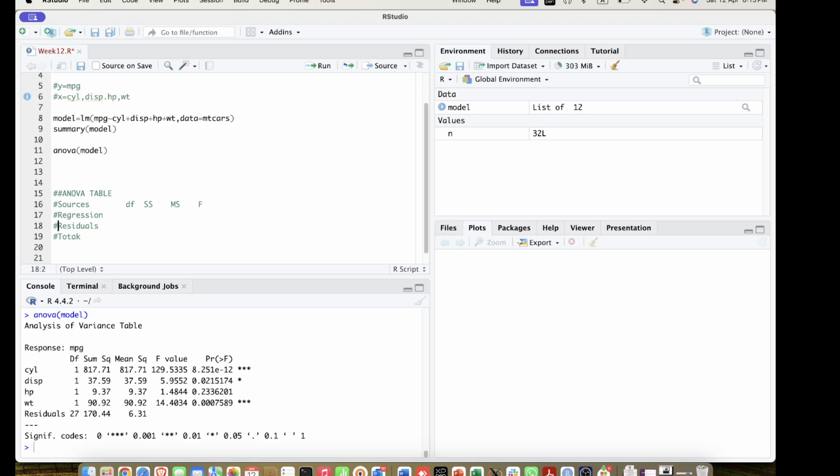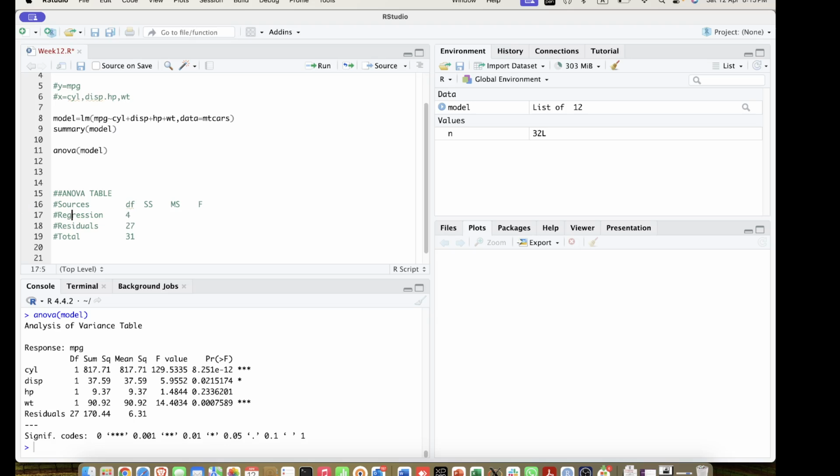So n minus 1, total DF would be 31, residuals is 32 minus 5, that is 27, regression is k minus 1, that is 4.